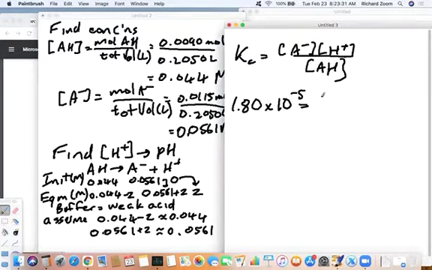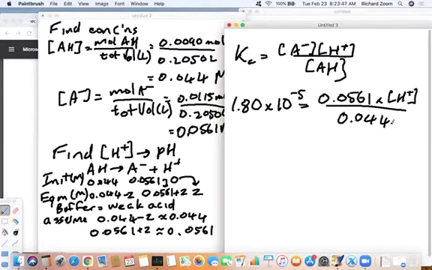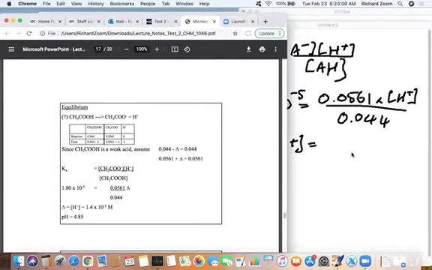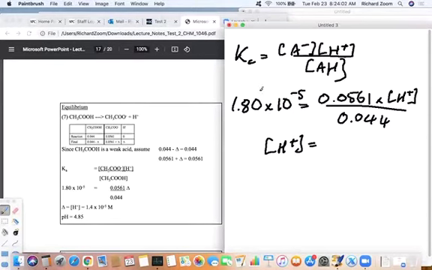A minus we've already got as 0.0561, times the concentration of H plus, and 0.044 as being the concentration of AH. Then we can solve for H plus, which in this case I think, let's have a look at, 1.4 times 10 to the negative 5.